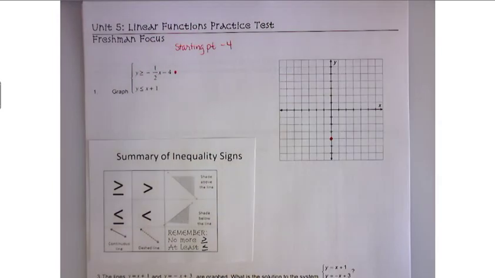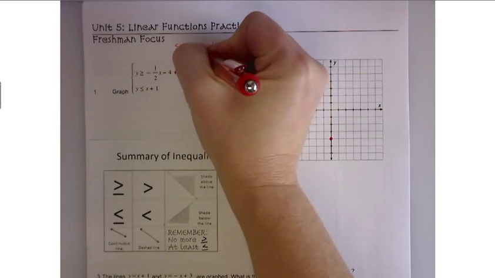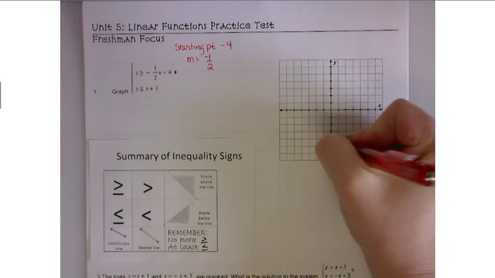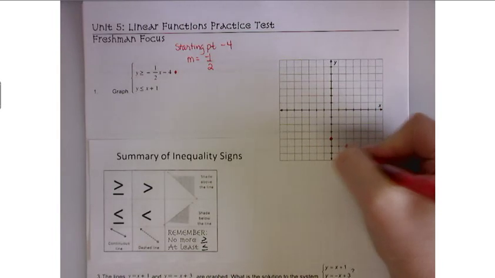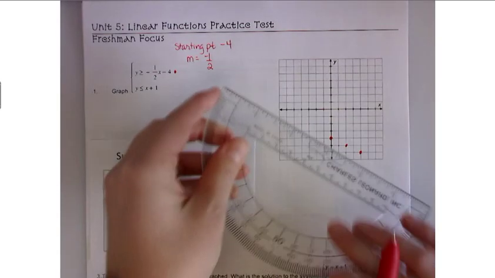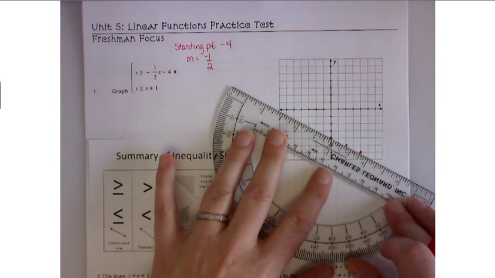The signs do matter. Our slope in this case is -1 over 2. So I can start down here and go down 1 over 2, down 1 over 2. And that's my line. It's low, but it's down there in those quadrants.